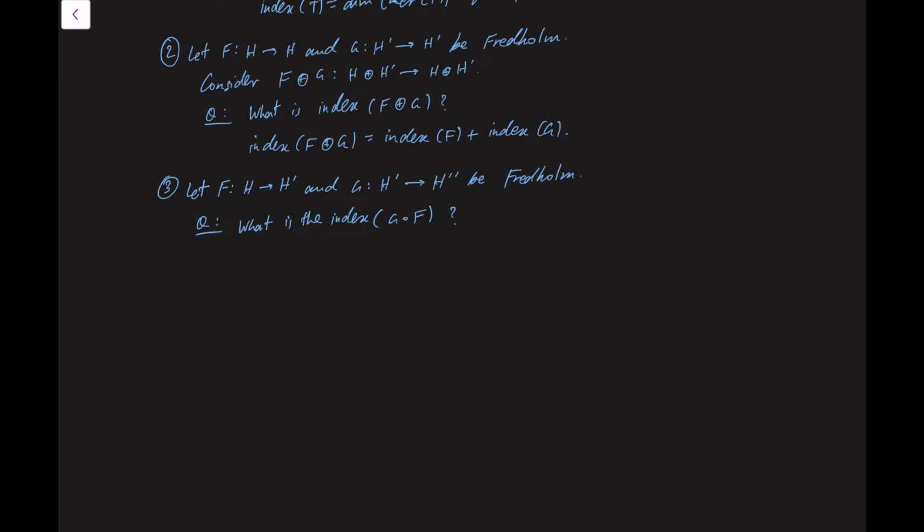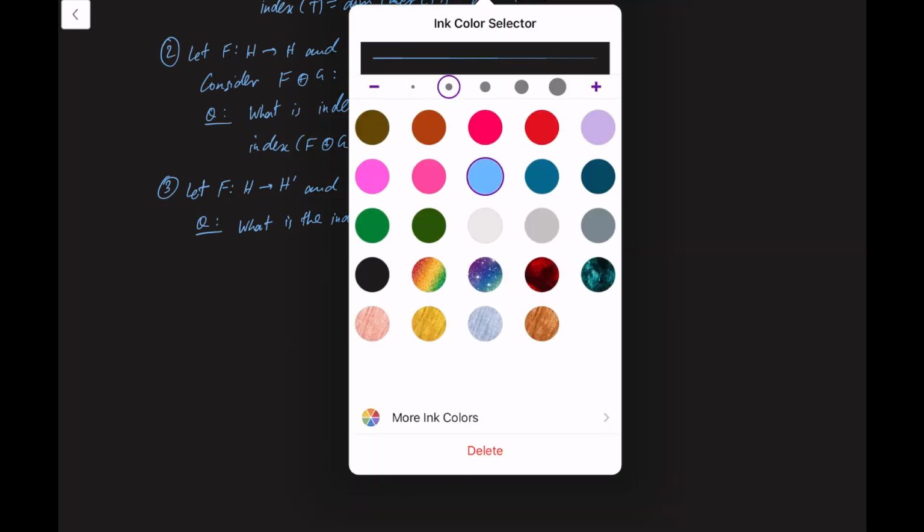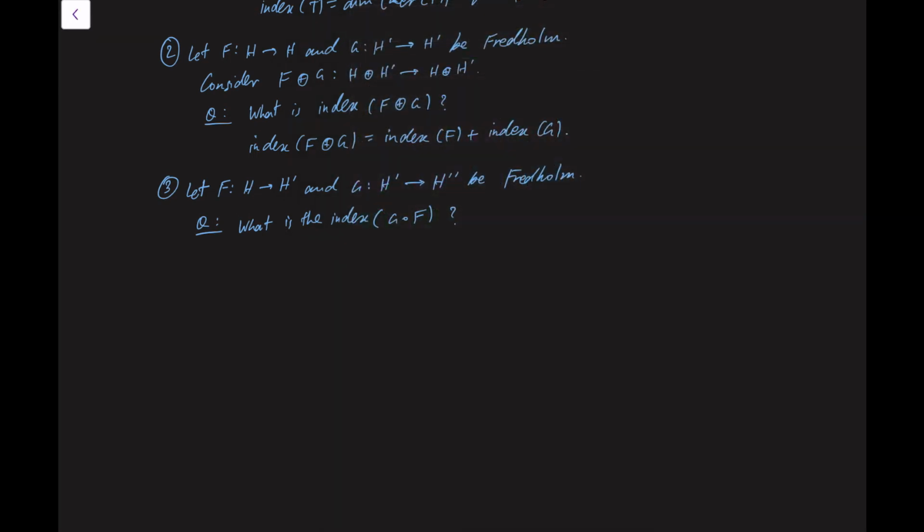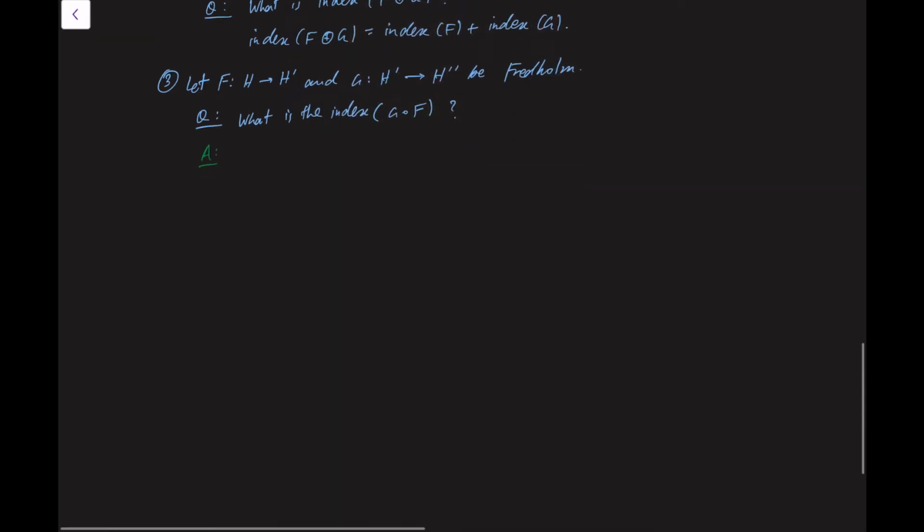G composed with f in this case is also Fredholm, but we're now concerned with finding what the index of this is. The answer to this question is going to be intuitive. It's the index of G plus the index of f, but it's not obvious. It's intuitive but not obvious. So the rest of this video is going to be proving this claim.